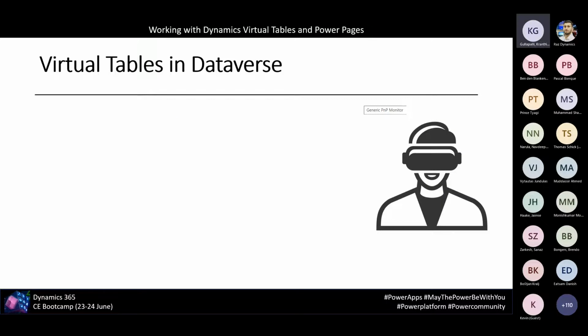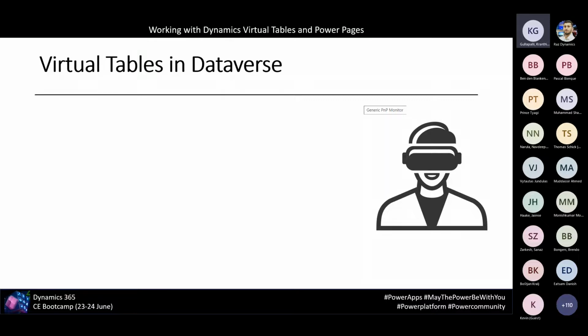The concept which we are going to explore in the Dataverse is called virtual tables. Till now, most of us might have created a few hundred or even more tables in the Dataverse. But we might not have explored the small checkbox in the old interface where it says virtual table. And in the new interface, we have a drop down saying whether it is a standard or a virtual table.